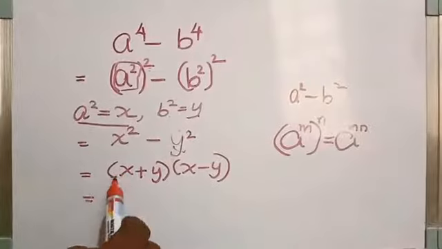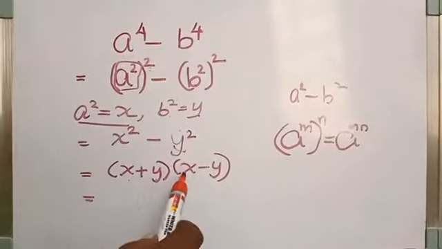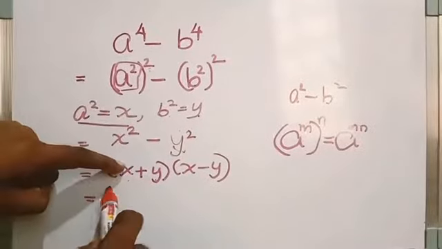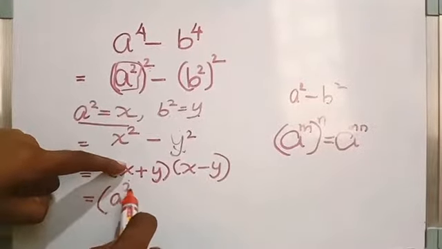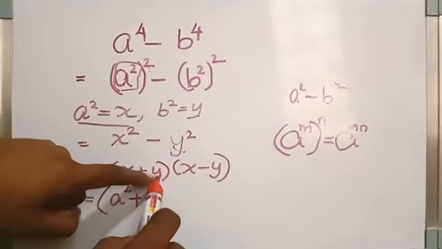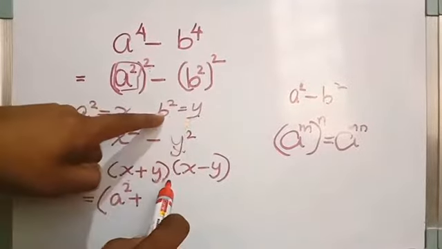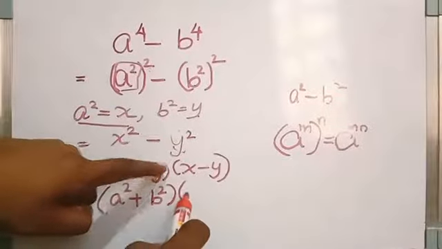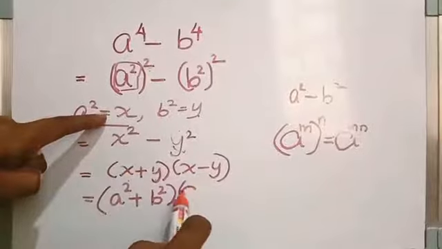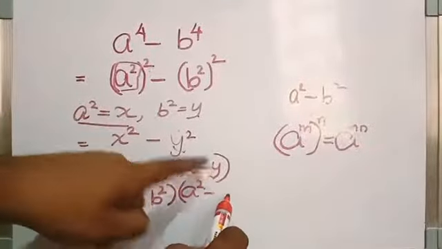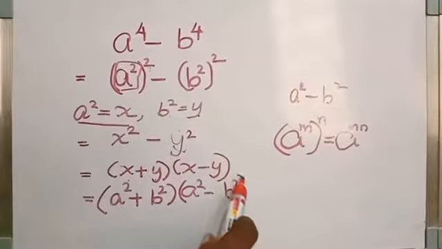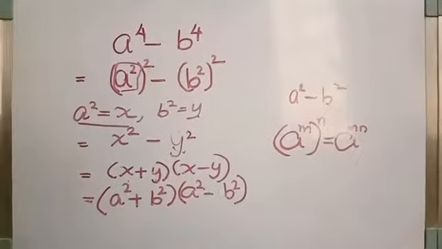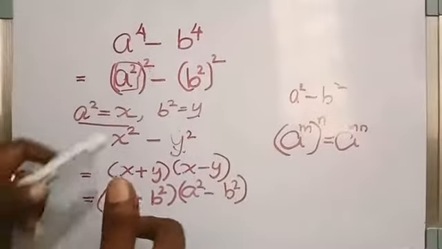Now it's time to replace x and y. Because you know x is a squared, this x can be replaced as a squared plus b squared, and y is b squared, into a squared minus b squared. Once you are very thorough with this, we need not do all these assumptions.